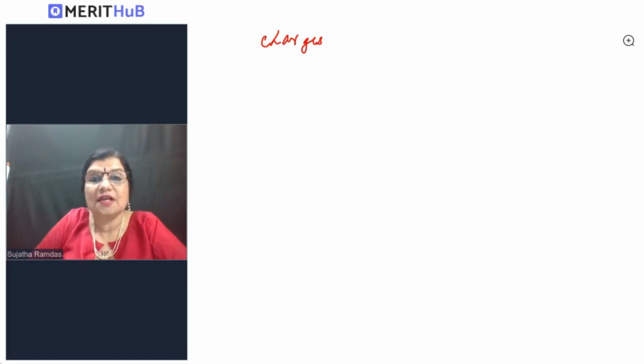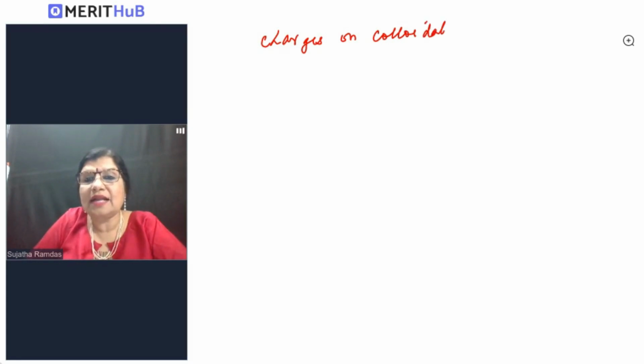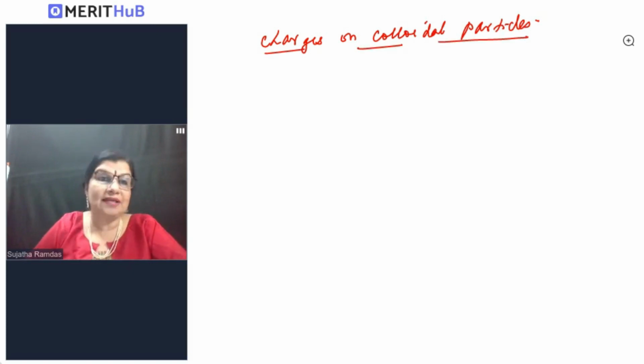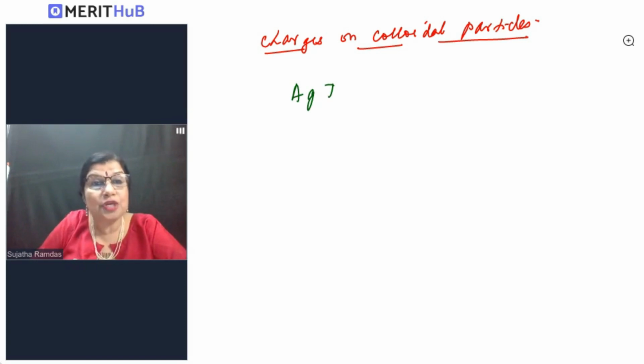Now here, this particular discussion deals with the occurrence of charges on colloidal particles. Here, which colloidal sol is being produced? Silver iodide is being produced. So silver iodide is the colloidal sol being produced.